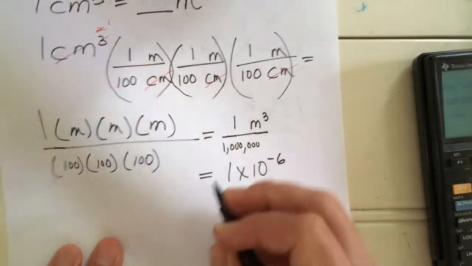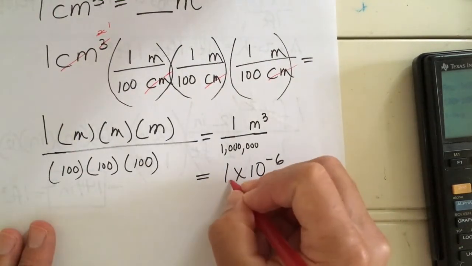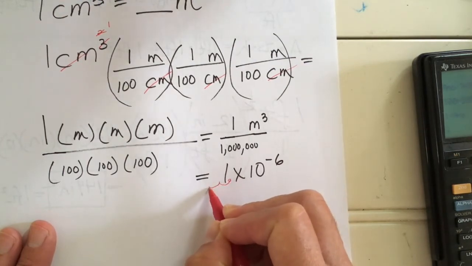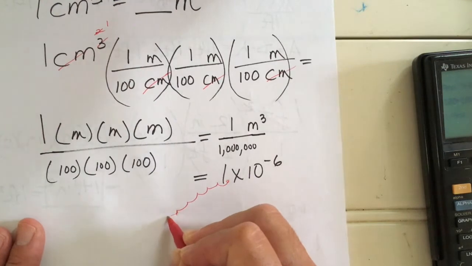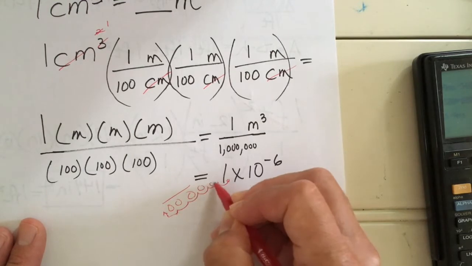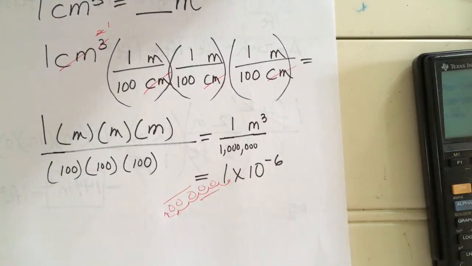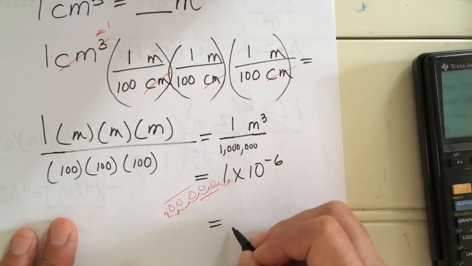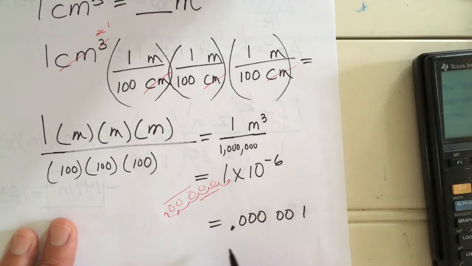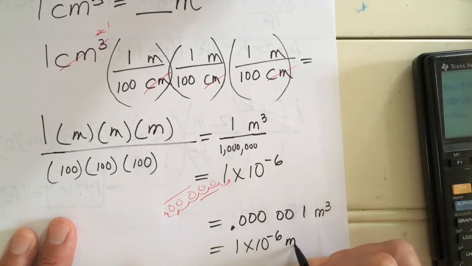If I expand that out, draw your decimal point in here and move it 6 times, once around the 1, so you're putting in 5 zeros. So writing it another way would be 0.000001 meters cubed. Writing it like it was up here, 1 times 10 to the negative 6 meters cubed. So a lot of ways to write that.